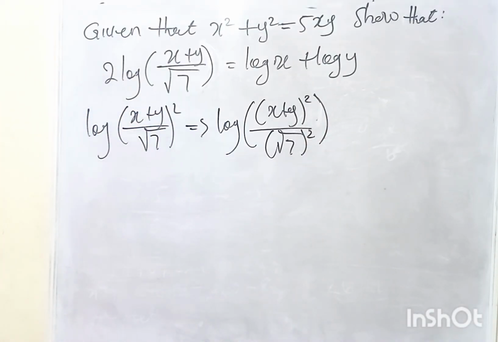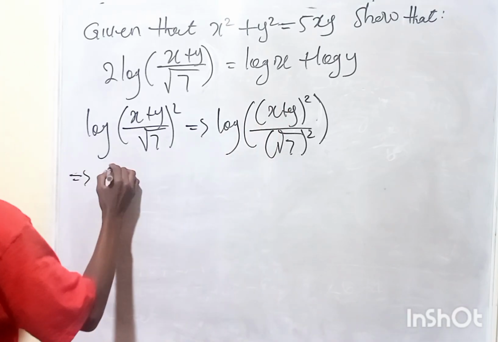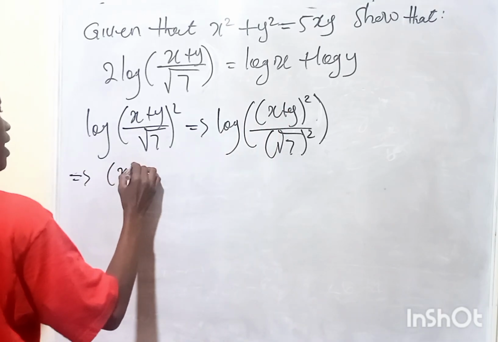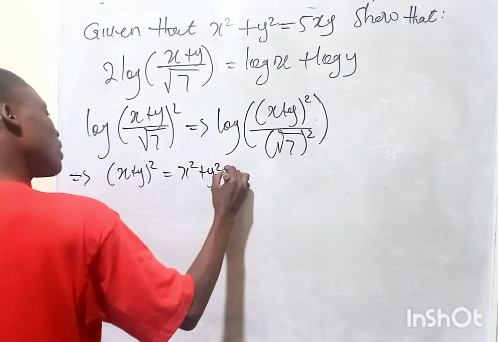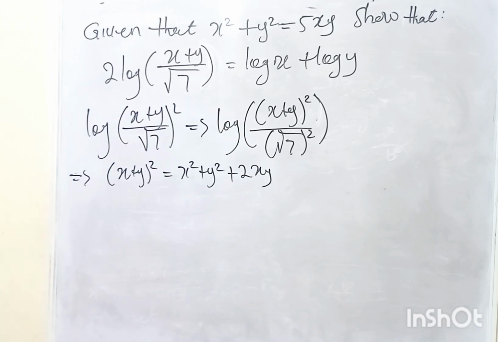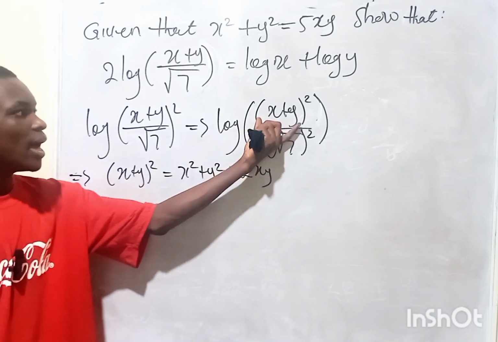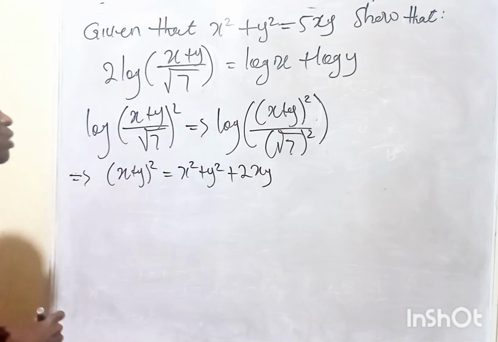That's the first step. From this algebra property, if we have x plus y all squared, this equals x squared plus y squared plus 2xy, right? So clearly, wherever we see x plus y all squared, we put the whole of this in this expression.